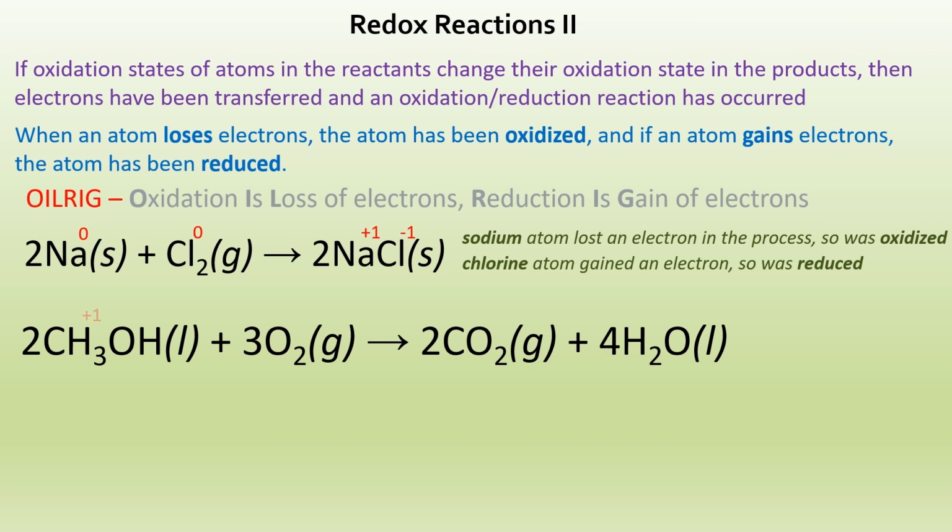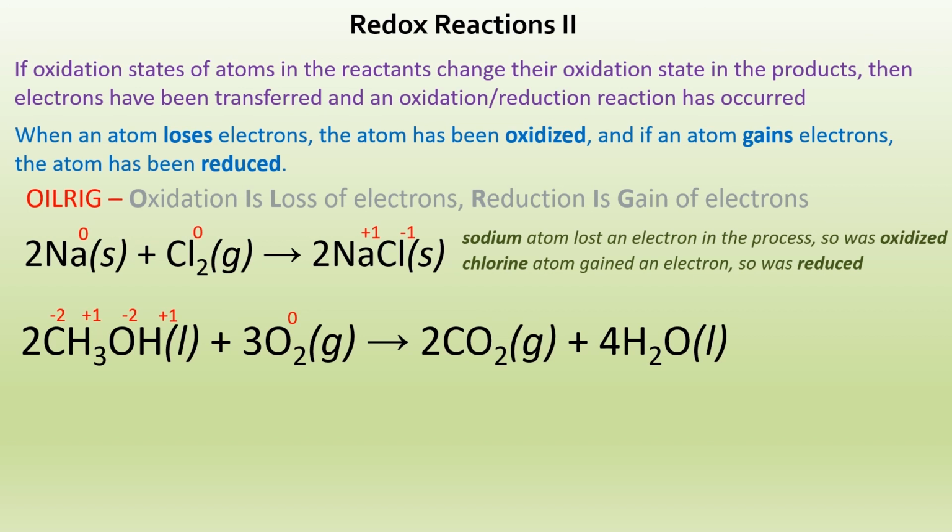Now within the methanol molecule, the hydrogens have an oxidation state of +1 and the oxygen has an oxidation number of -2. So the carbon atom must have a -2 oxidation number to give us a neutral methanol molecule. The oxygen atoms in the elemental O2 gas will have a 0 oxidation state.